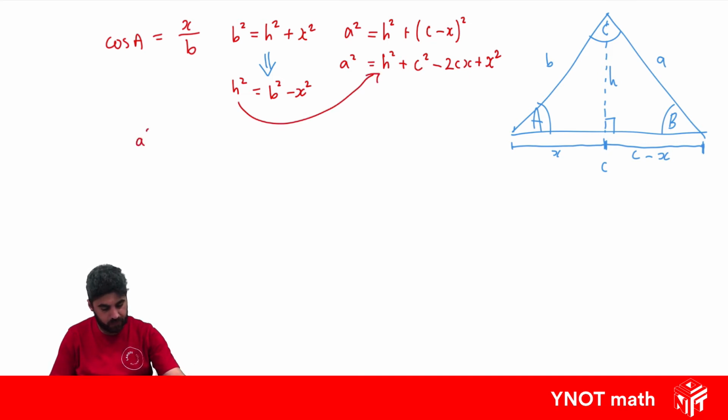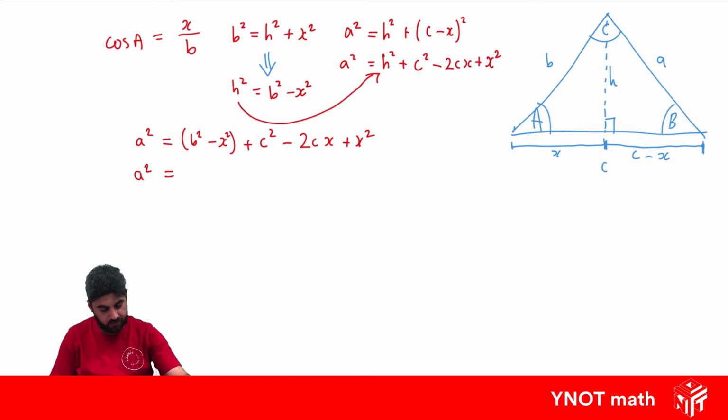So we'll get a squared equals b squared minus x squared, and that's our h squared, plus c squared minus 2cx plus x squared.